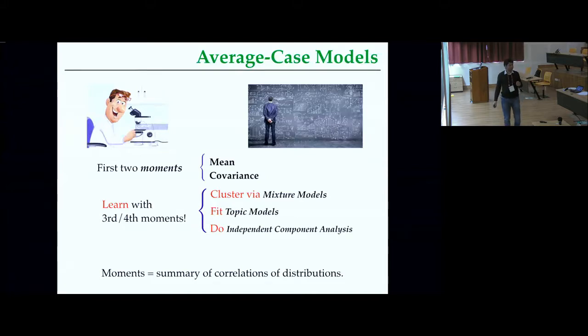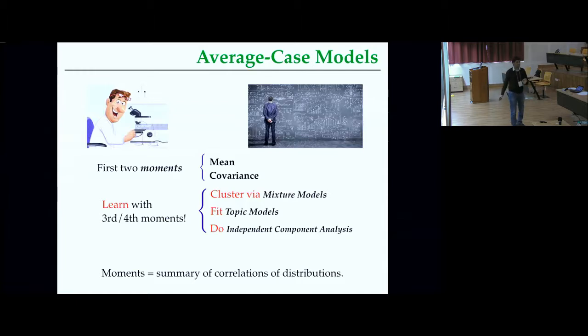And what's very nice is that looking at the first few moments of the data actually gives you a lot of algorithmic power, okay? So in particular, if you look at this example of mixtures of Gaussians model that we were thinking about before, then just looking at the third moments of data, under some somewhat mild assumptions on these means mu1 through mu_k, allows you to completely recover them, okay, by just looking at the third moments.